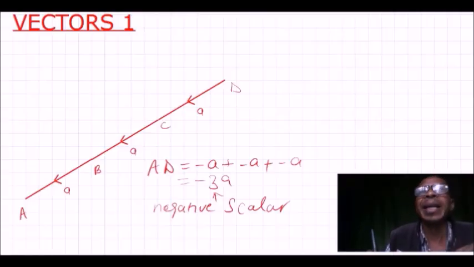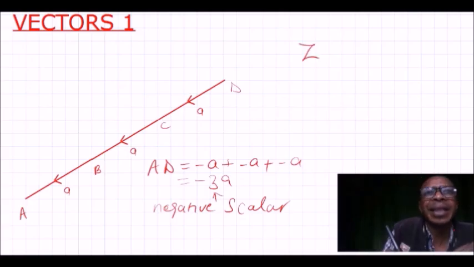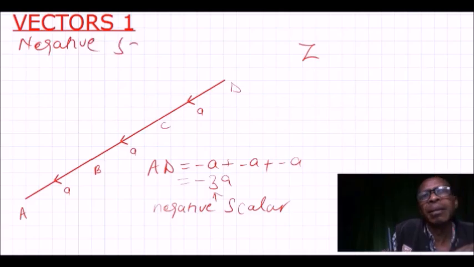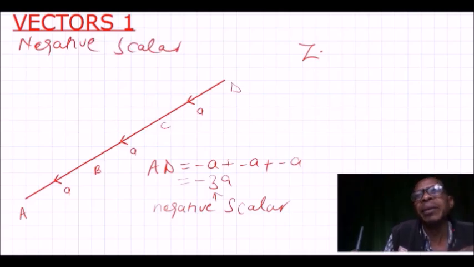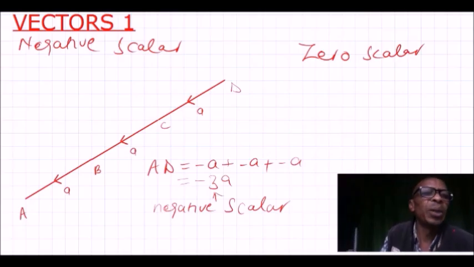Then before I move on, this is a negative scalar. Then we have the zero scalar. Zero scalar is when we multiply a vector by 0.